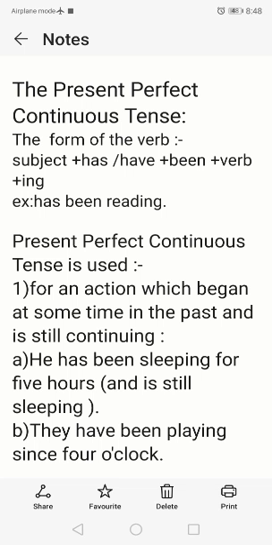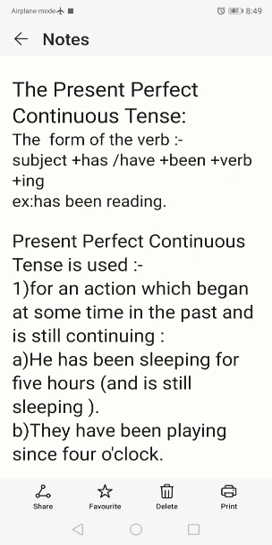So that is the action which has begun some time ago, has continued till now, and is still going on. To indicate that one, we have to use present perfect continuous tense.